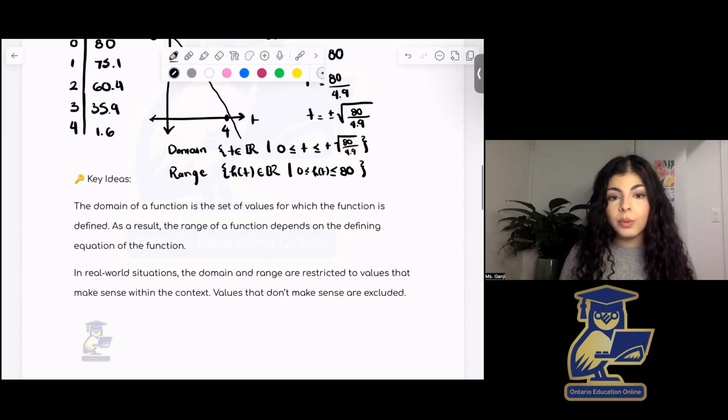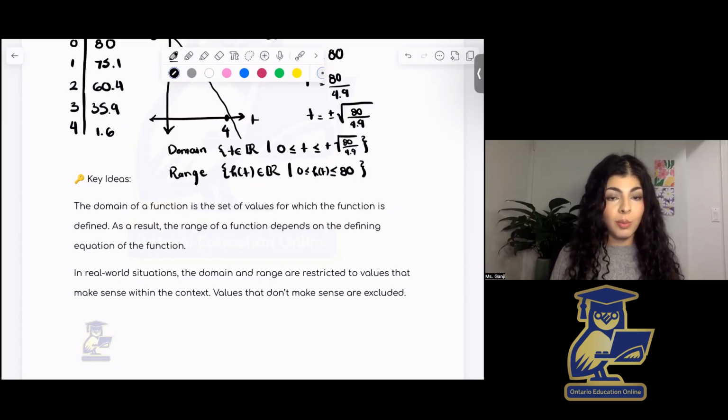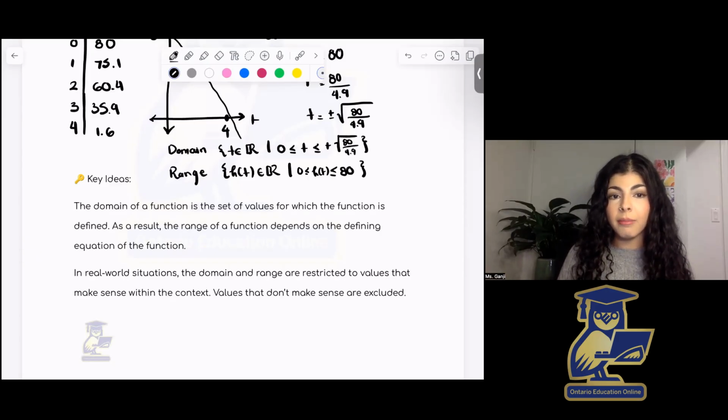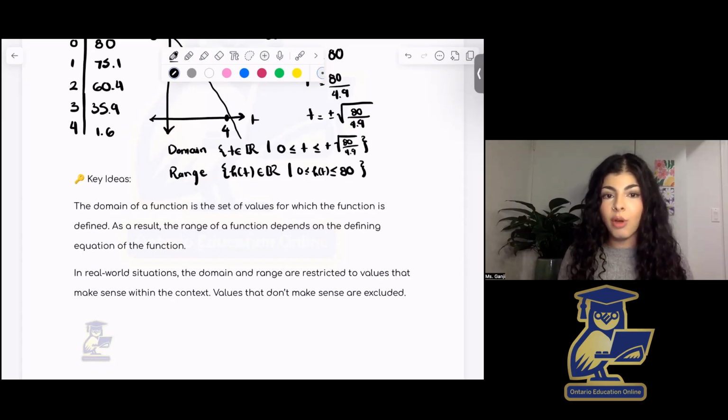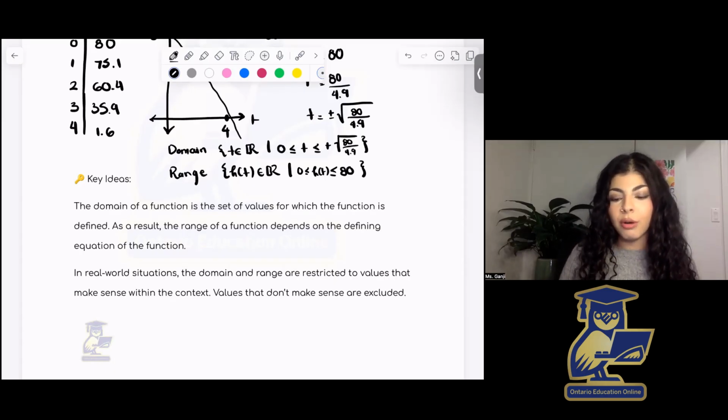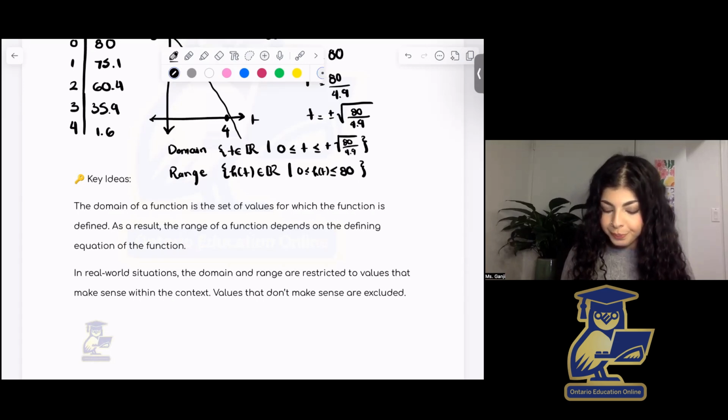And so we want to add those restrictions based on the context. Values that don't make sense are going to be excluded, such as when we say that time less than 0 is inadmissible. Here as well, height being negative is inadmissible to us. We don't care. Once the ball is on the ground, it doesn't go further than that. So that would be our restriction.